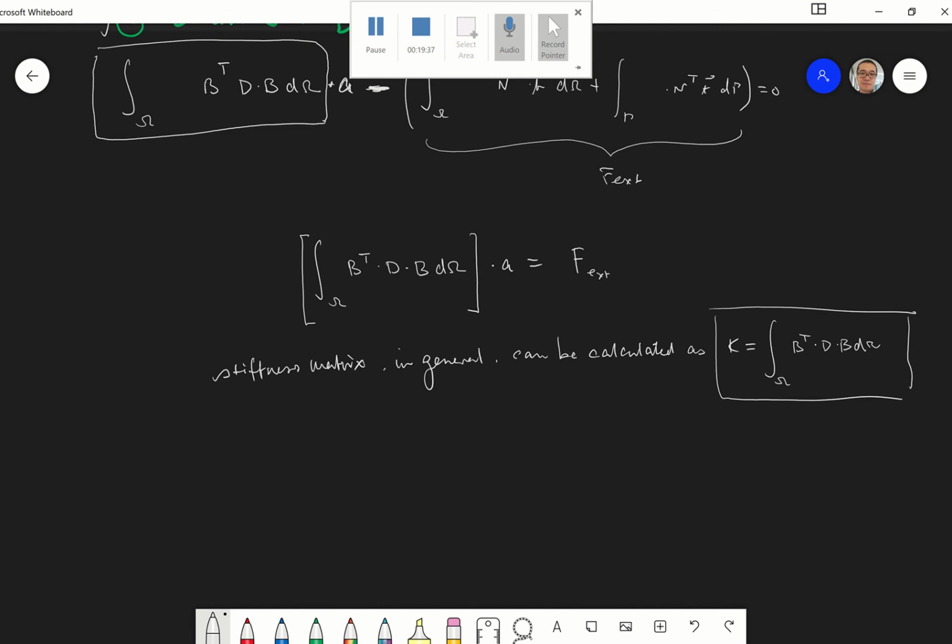So that has come to the point to help us identify how to work out the stiffness matrix for finite element analysis. Now the thing is, how do we put this together for a real system?